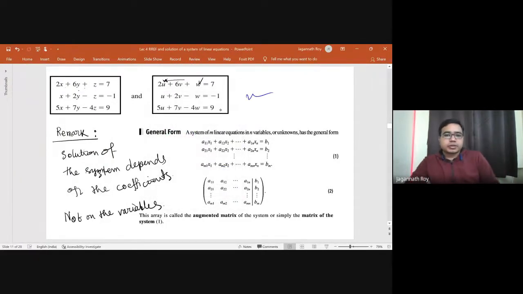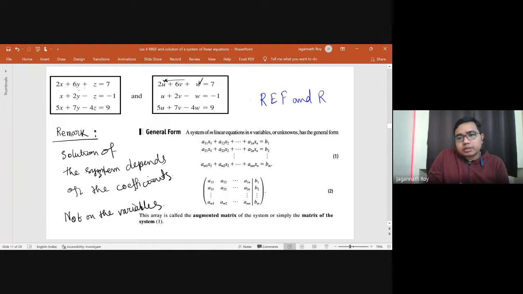Okay, right. So let us see how to get a unique solution and how the row echelon form and the reduced row echelon form are used to find out the solutions.